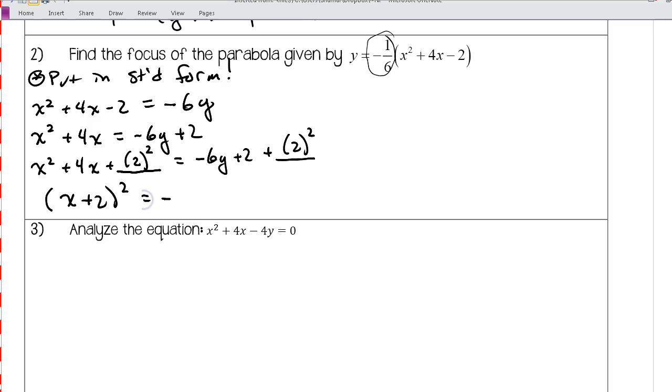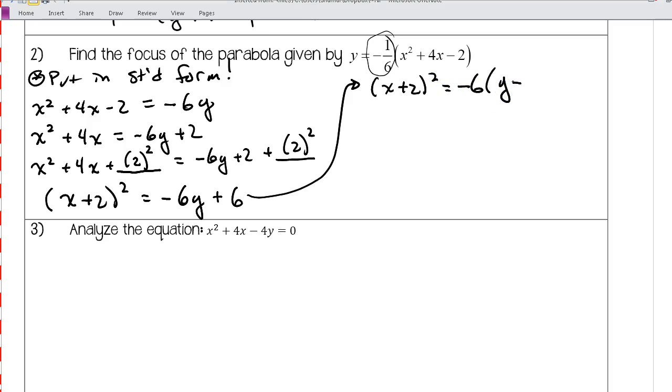We're going to simplify a little bit on the other side. I have negative 6y plus 6, and then simplify one more time. I have x plus 2 squared equals negative 6 times y minus 1.